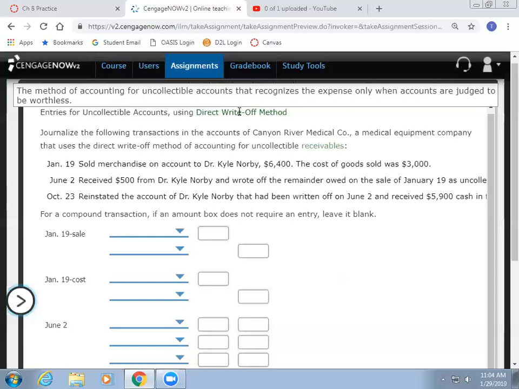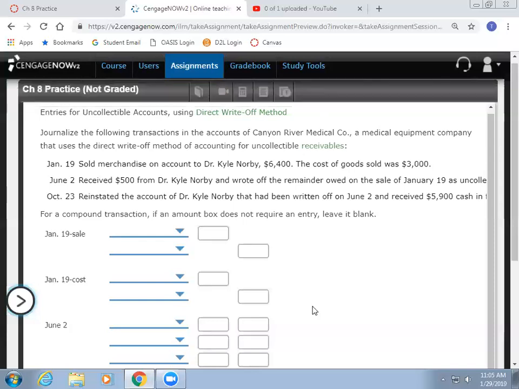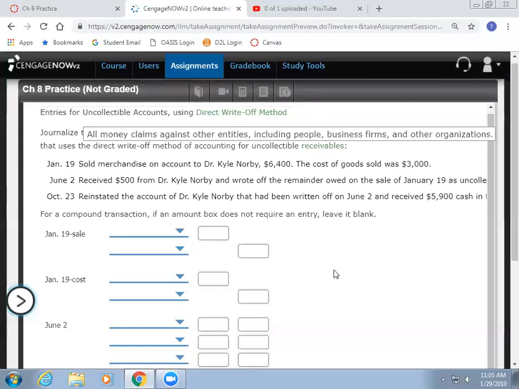For example, when I mouse over direct write-off method, it says the method of accounting for uncollectibles that recognizes the expense only when accounts are judged to be worthless. So we're looking at specific people whose accounts are uncollectible, and we write their account off. It doesn't follow the matching principle, but we're still going to look at it. Receivables is also in green, so you can look it up.